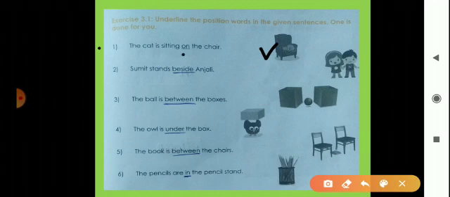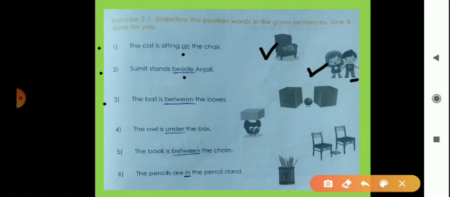So here we underline on. Now second. Sumit stands beside Anjali. Why is beside underlined here? Because in this picture we can see that Sumit stands beside Anjali. Where is Sumit? Beside Anjali, so beside is the position word. It shows where Sumit is.